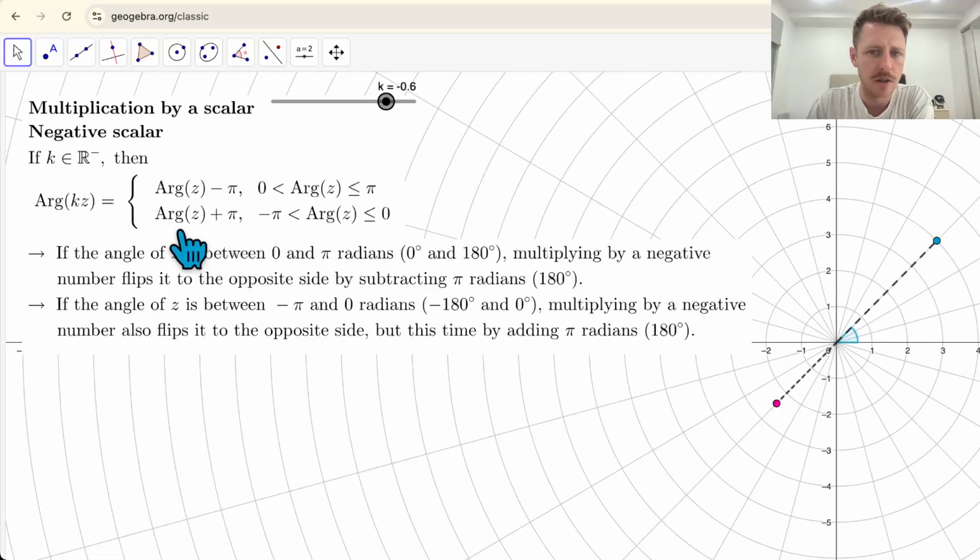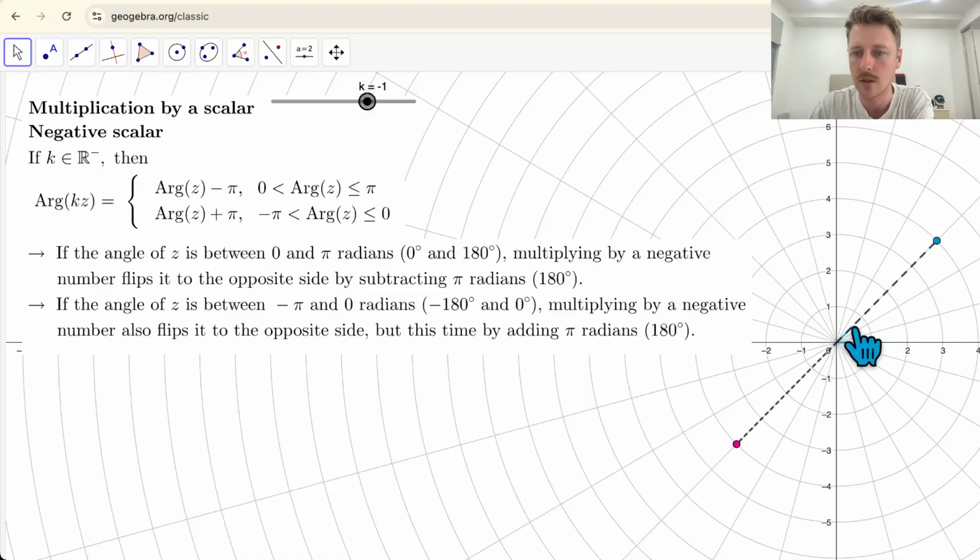All right, it's a little bit trickier when we multiply by a negative scalar. So now we can see that k is negative. So we've got some complex number over here. We multiply by a negative scalar, we're getting all these values down here. So we have two situations here. We'd say the principal argument of k multiplied by z, where k is a negative real number. If the principal argument is between 0 and pi, so remember, the principal argument goes from negative pi around to pi, broken up into two parts, from 0 to pi, and then from negative pi to 0.